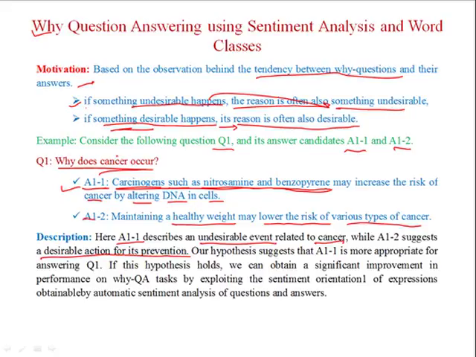Our hypothesis suggests that the first is more appropriate, because according to the authors' hypothesis, if something undesirable happens, then the answer should contain something undesirable. So here undesirable things are given with respect to undesirable things. According to these motivations, A11 will be the most suitable answer.